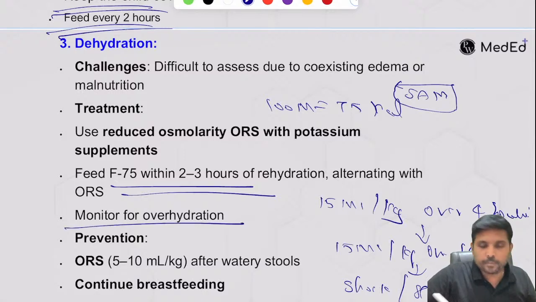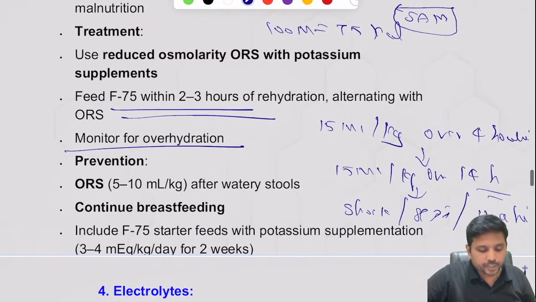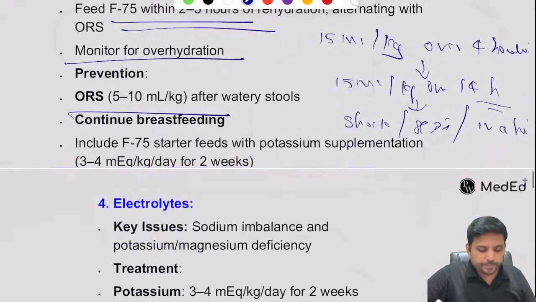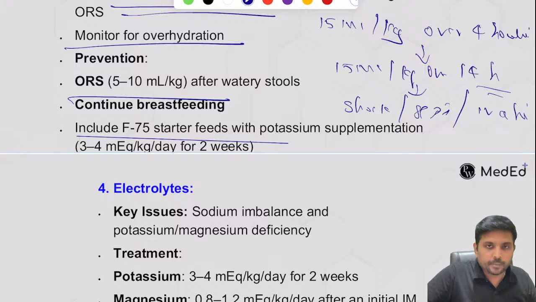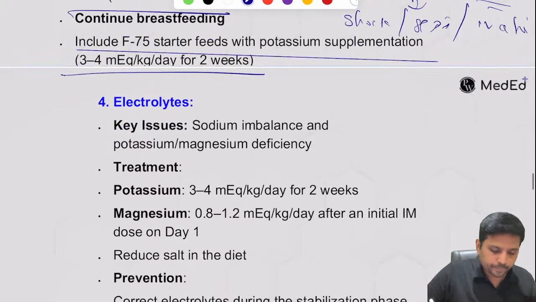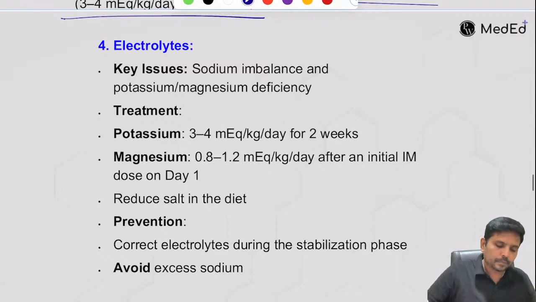That's why you need to monitor closely for overhydration. Along with that, always take ORS 5 to 10 ml per kg. So F75 formula, and by about 2 weeks you can add potassium supplementation 4 milli equivalent per kilogram per day.